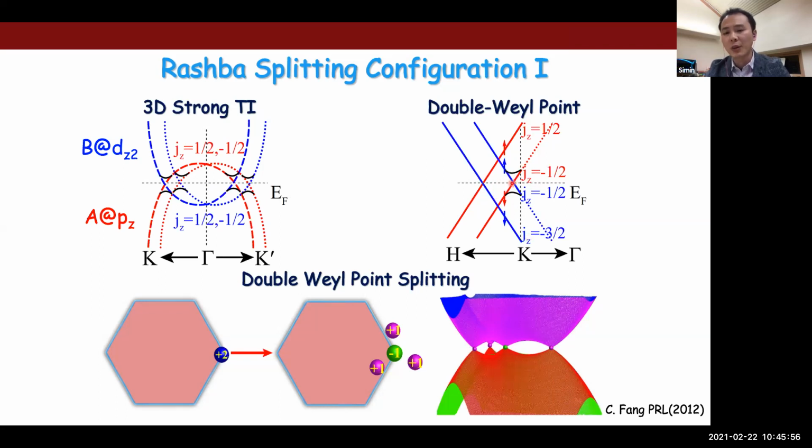For this band crossing point, the two bands have the same Jz, so this is an anti-crossing point and will open a band gap. For this band crossing point, there is a Jz jump. The delta Jz is equal to 2, so this is a double Weyl point. However, for a crystal with only threefold rotation symmetry, the double Weyl point is unstable and will split into 4 Weyl nodes.